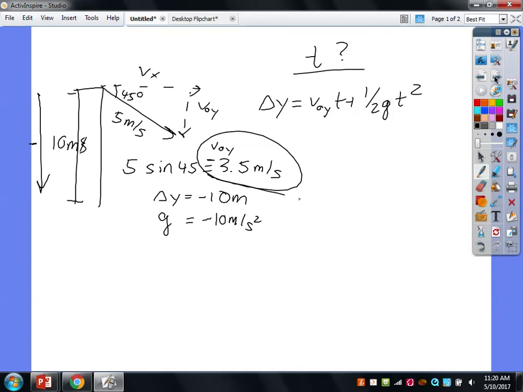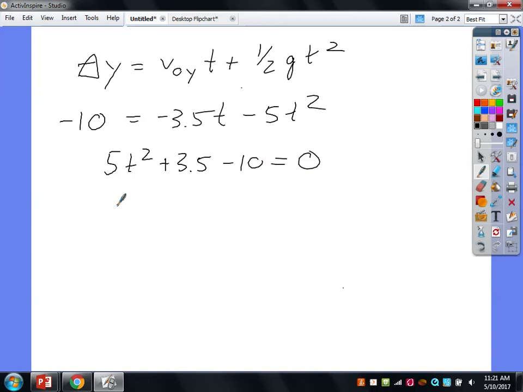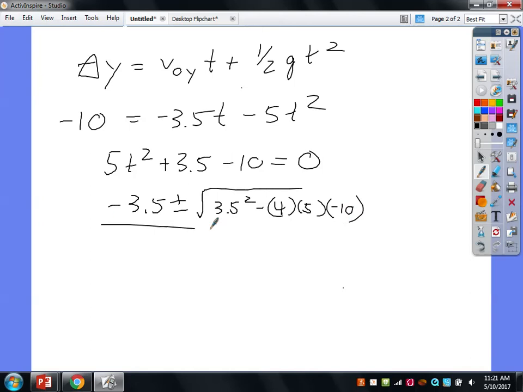So negative 3.5. All right, this is going to go a lot faster now. T, minus 5t squared. Here we go. 5t squared plus 3.5t minus 10 equals 0. So I'm going to do now negative 3.5 plus or minus the square root of 3.5 squared minus 4 times 5 times negative 10, divided by 2 times 5.